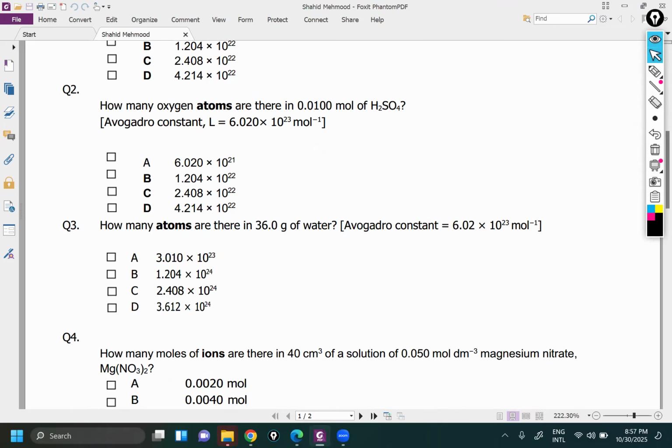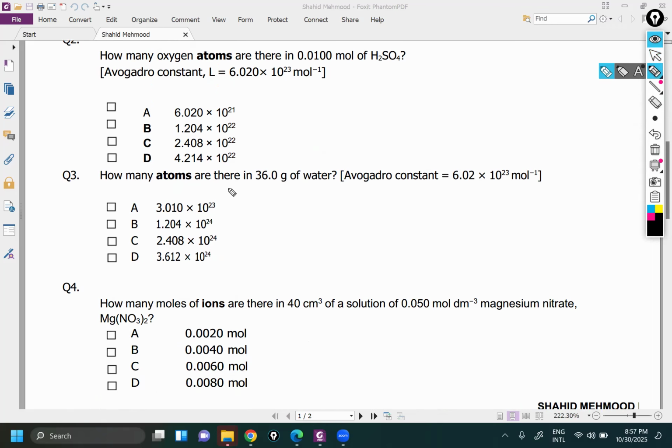Question 3, how many atoms are there in 36 gram water? Now, in this question, they did not give us number of moles. They gave us the mass of the water. So mass over Mr, mass is already in gram. So 36.0 divided by 18, this is the first box.